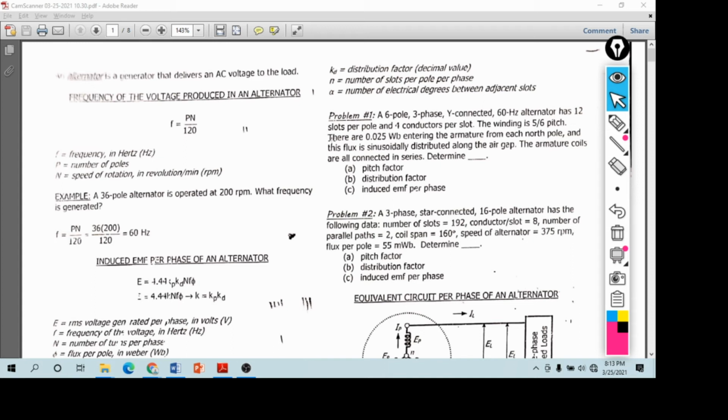The winding is 5/6 pitch, so that is the span of the coil.